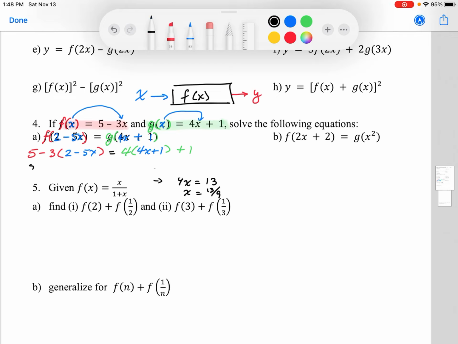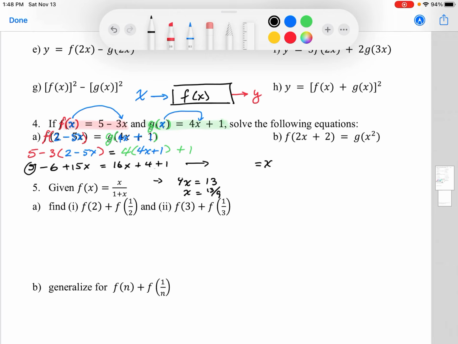So working this out, I end up with 5 minus 6 plus 15x. That's going to be equal to 16x plus 4 plus 1. When I solve this, on the right-hand side I'm going to get x. I'm going to subtract 5 from both sides.